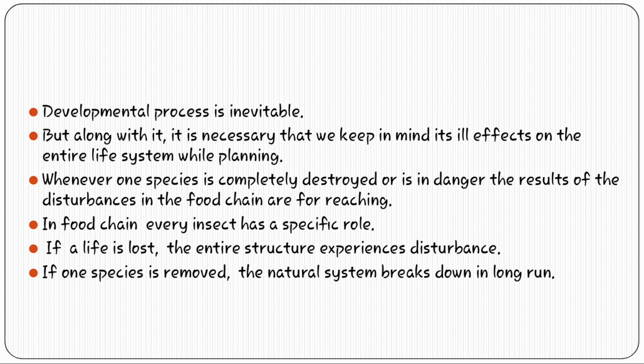So whenever a person is moving away from that chain, it will be very difficult. Even a small animal has the same importance in the food chain. If one species is removed, the natural system breaks down. Total breakdown is there.